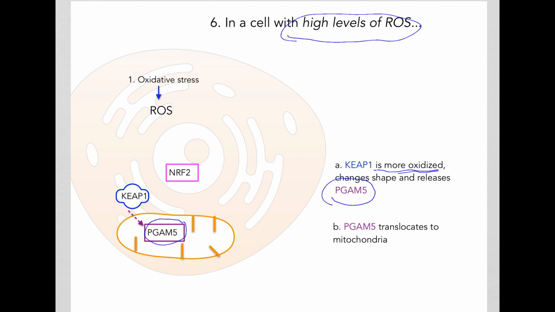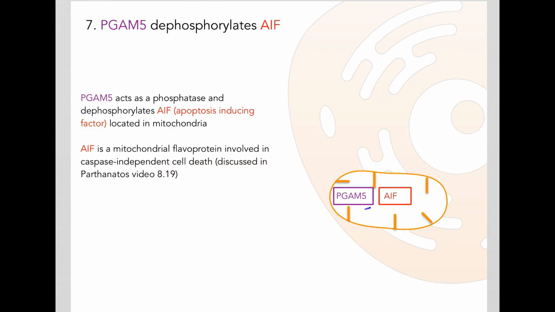And this PGAM5 will now enter the mitochondria. In the mitochondria, the PGAM5 acts as a phosphatase enzyme, and it will remove the phosphate at a certain serine residue on the protein AIF, apoptosis inducing factor, which is located in the mitochondria.